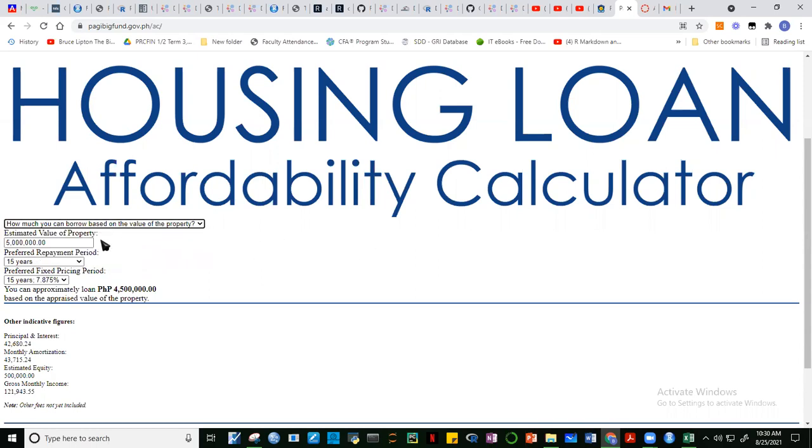Okay. So let's say we want to make a loan. The property is 5 million. So sinulat ko dito 5 million. Pakisulat dyan 5 million, guys. And then ang preferred natin 15 years, di ba? Okay. Tapos ito, ayan, nakalagay na kung 15 years, 7.875 yung interest rate natin.